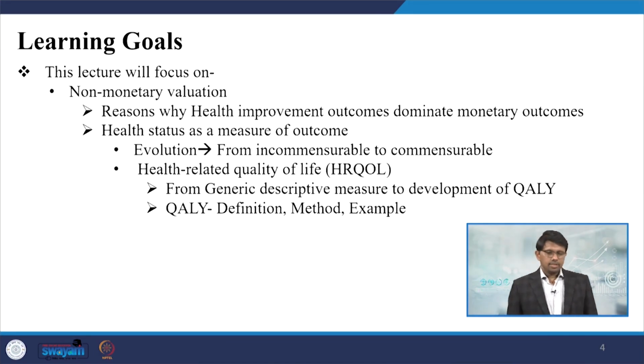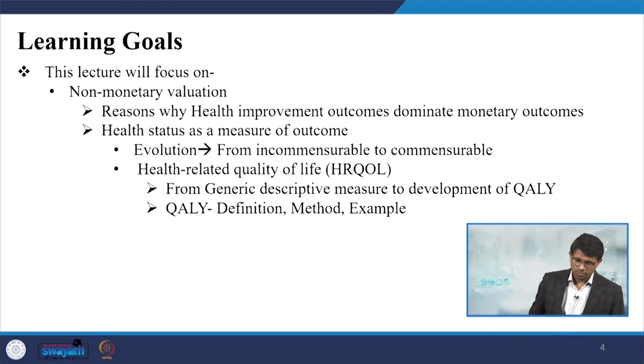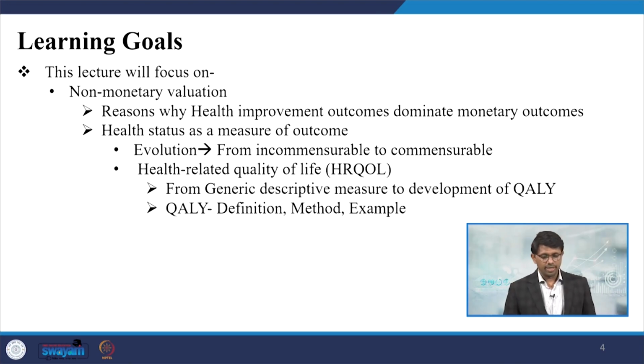So, in this lecture we are emphasizing the non-monetary evaluation or valuation methods. Why are non-monetary valuations in most cases considered to be dominating as against the monetary outcomes? There are many ways of understanding the non-monetary indicators.